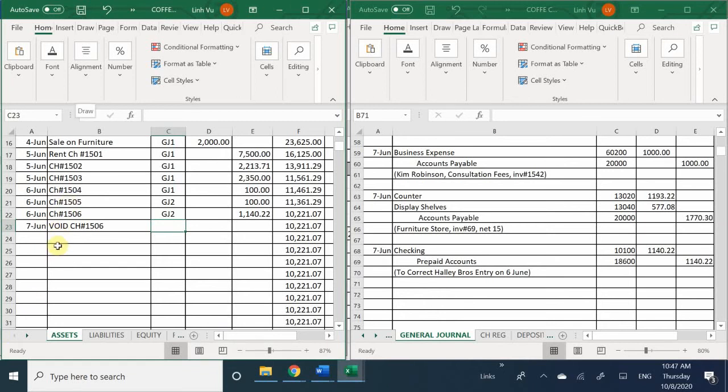Okay, so here you're gonna void the check for 1506. General journal number 2. And this time I'm debiting the account for the 1140.22, which should bring my balance back to the amount, right?